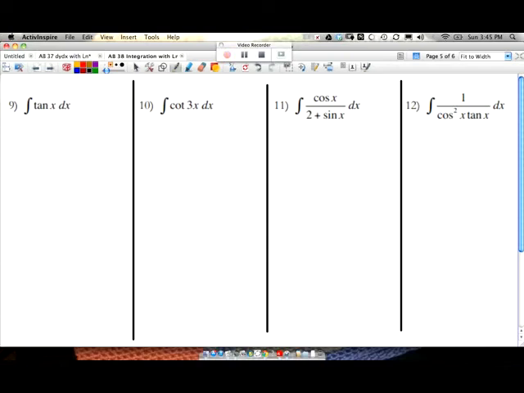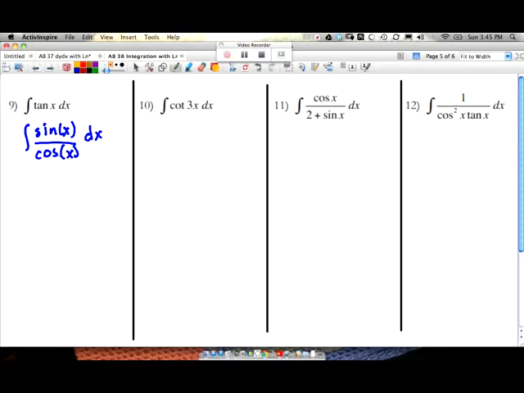So for example, this is really sine of x over cosine of x times dx. Now, I know a little bit about these in the sense that these are kind of derivatives of each other. Kind of in the sense that derivative of sine is cosine, but the derivative of cosine is negative sine.